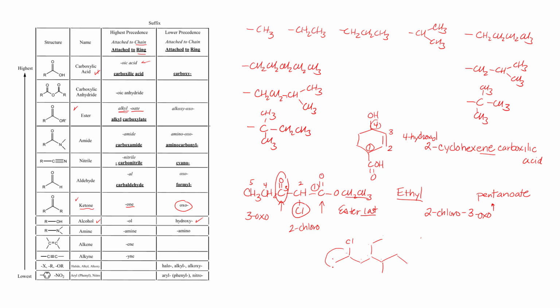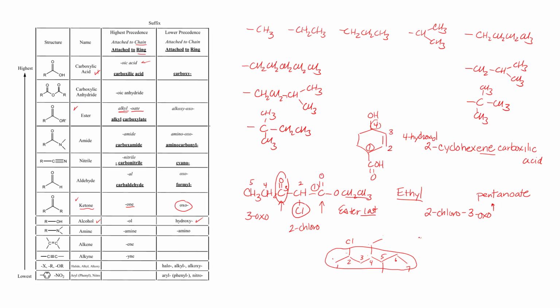So this is going to be the longest continuous carbon chain in that molecule. I'm going to number at the end closest to the first substituent. If there's a tie, we give it to the end closest to the most number of substituents. Otherwise, it goes alphabetization.